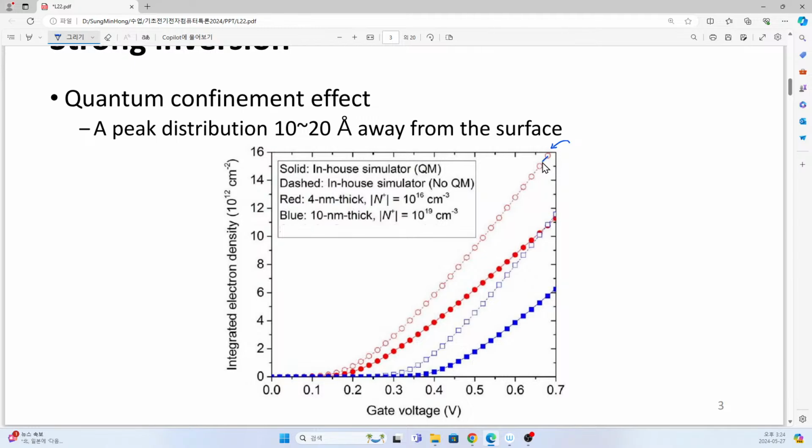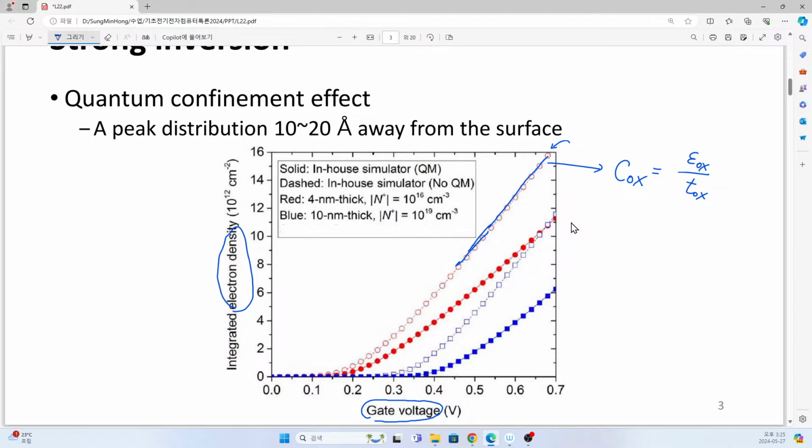Once we have sufficiently high gate voltage, the inversion charge density just linearly increases, and this slope corresponds to the oxide capacitance, given by oxide permittivity divided by oxide thickness. This is the actual physical thickness of the oxide.